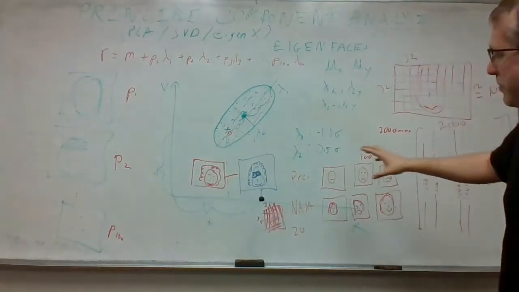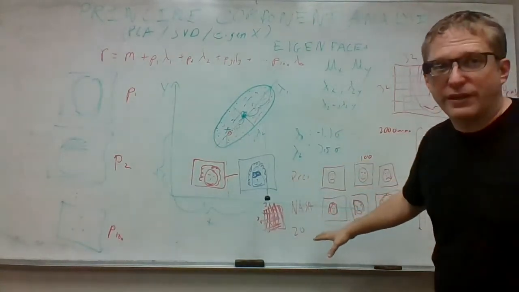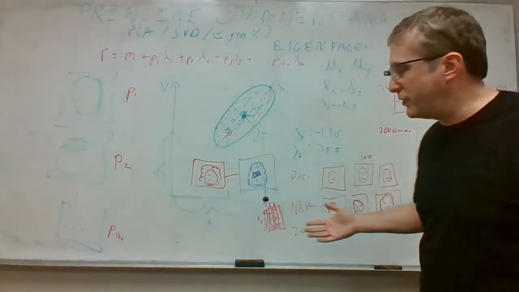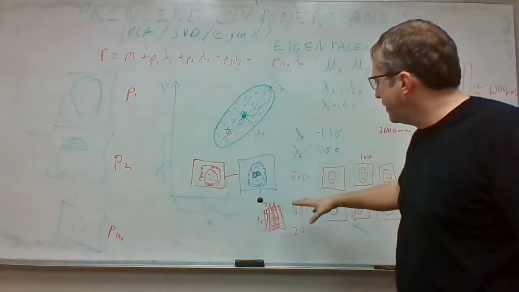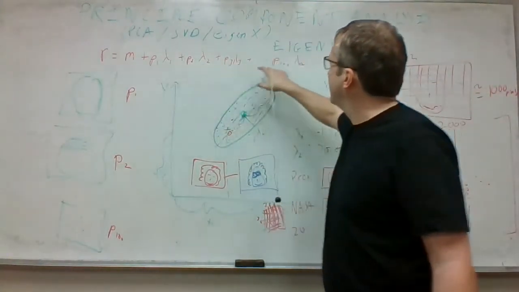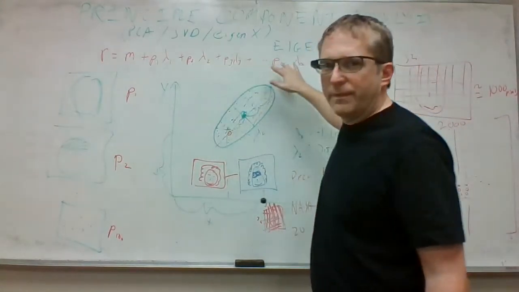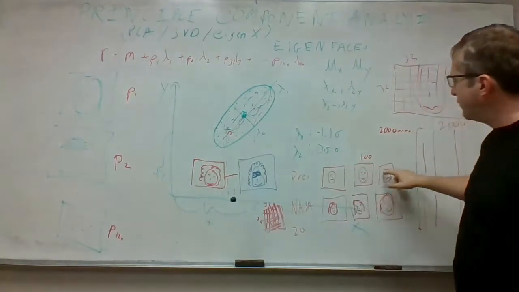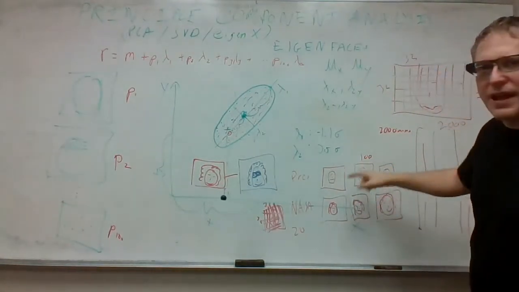So there's the mean plus 999 projections, but we're only going to use, say, the first 100 again if we're doing discrimination. So I take this image, project it down, and get the first 100 projection values. And I compare those 100 projection values to the projection values of these 2,000 images I have in here.